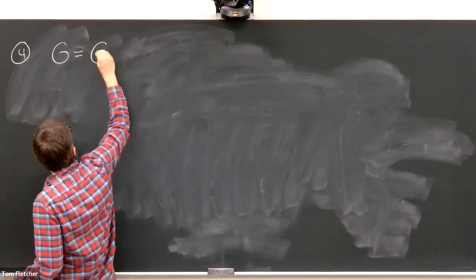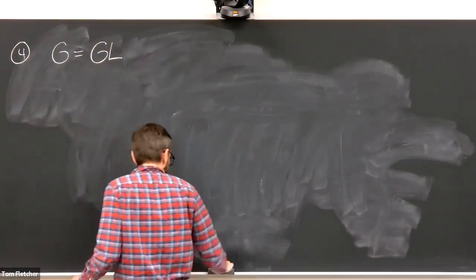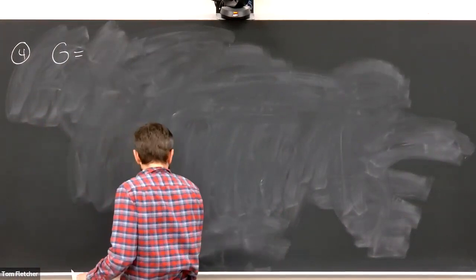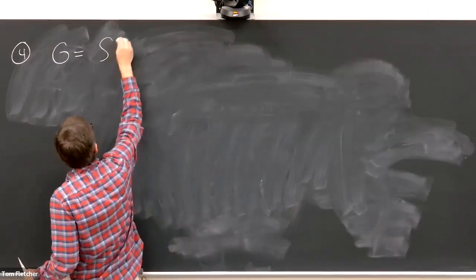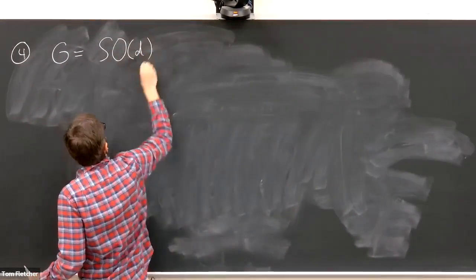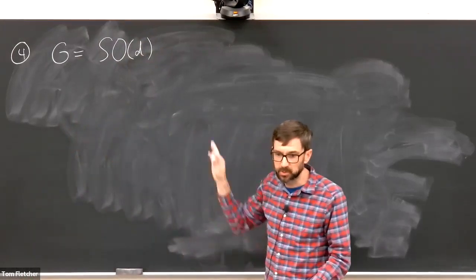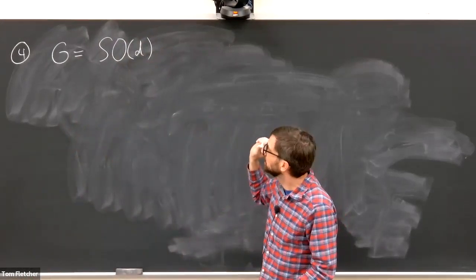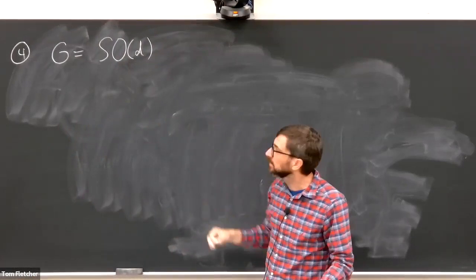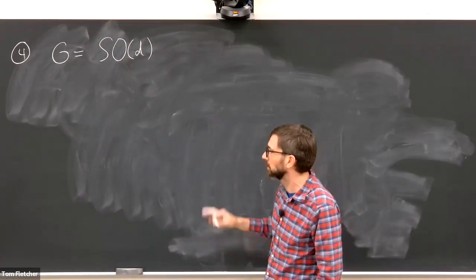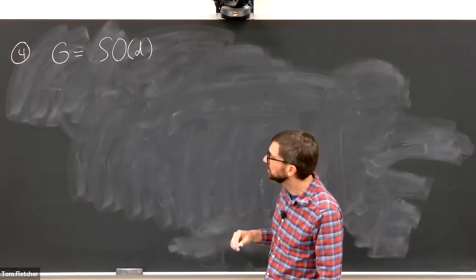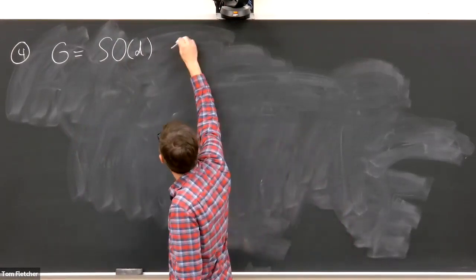G is SOD, D-dimensional rotations, or typically, the special orthogonal group. Typically we have D equals 2 or 3 in most applications. There are applications for other dimensions of D. We'll actually talk about one in a minute.